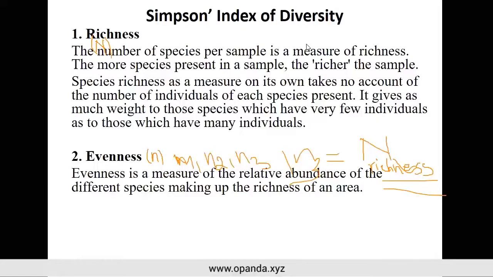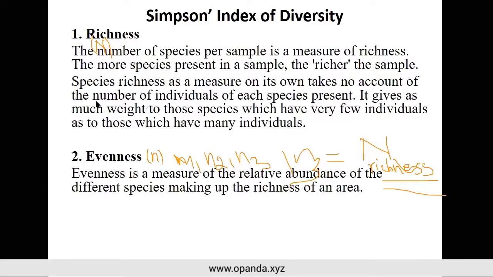Richness is the number of species per sample. The more species present in a sample, the richer the sample. Species richness as a measure on its own takes no account of the number of individuals.